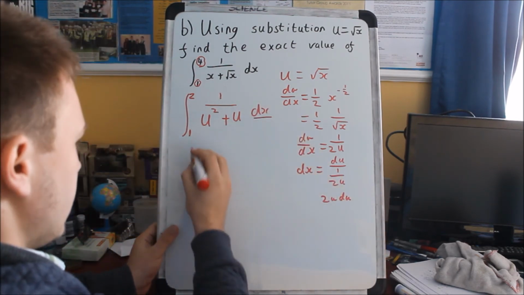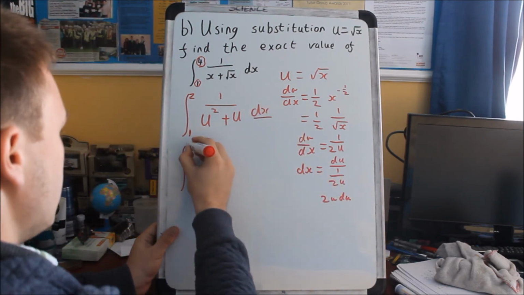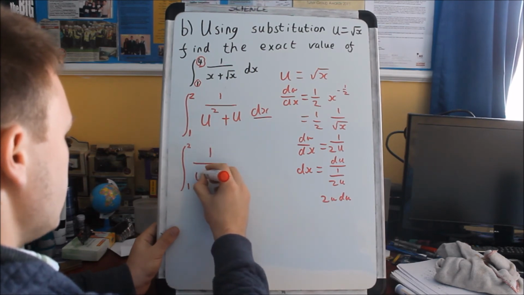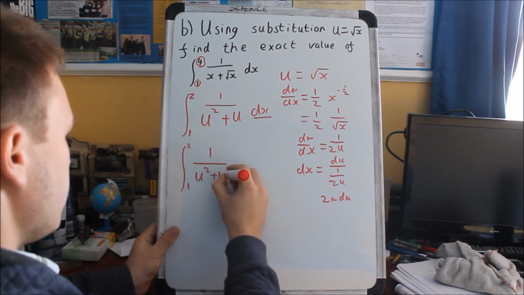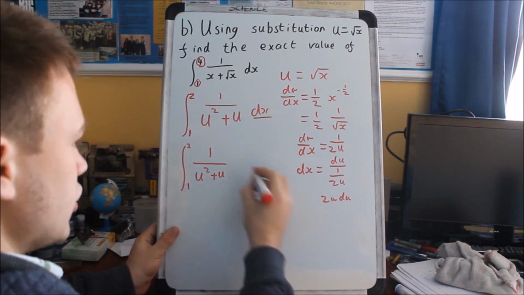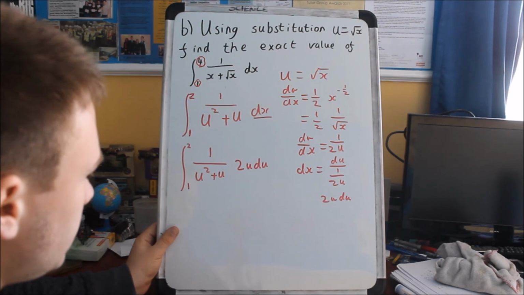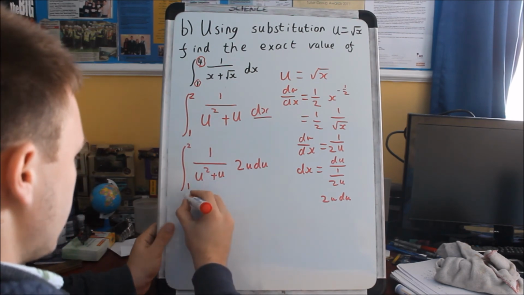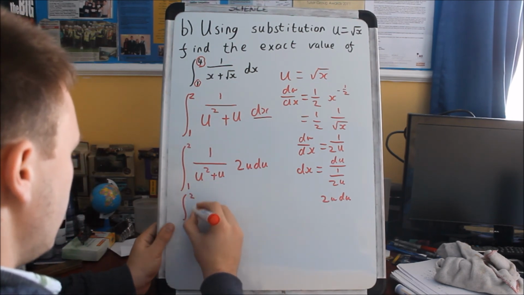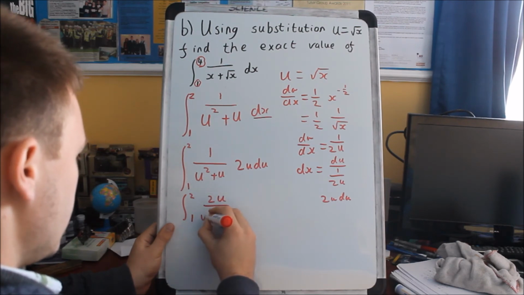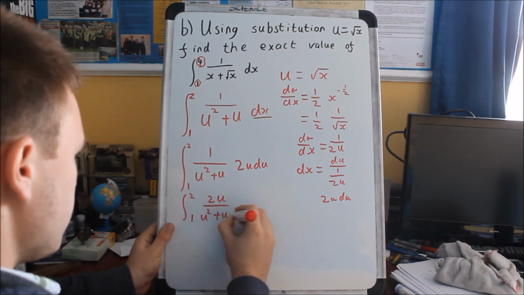So we put that in here, we have the integral between the points 2 and 1 of 1 over u squared plus u. But now the dx we can change with 2u du. So we're integrating between the points 2 and 1, 2u over u squared plus u du.